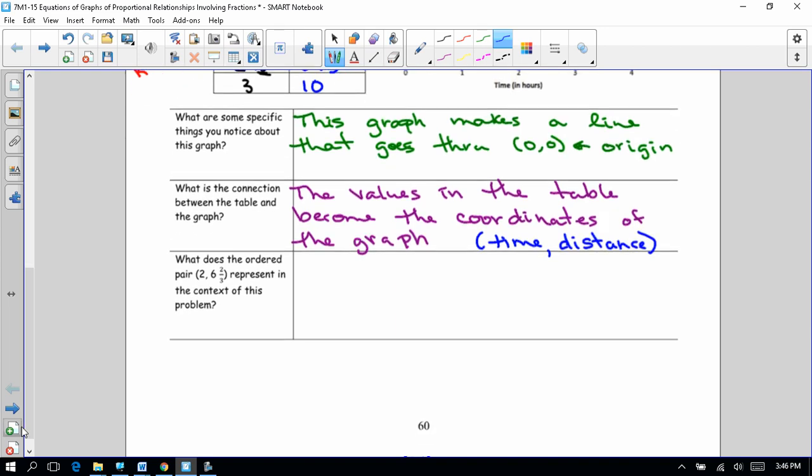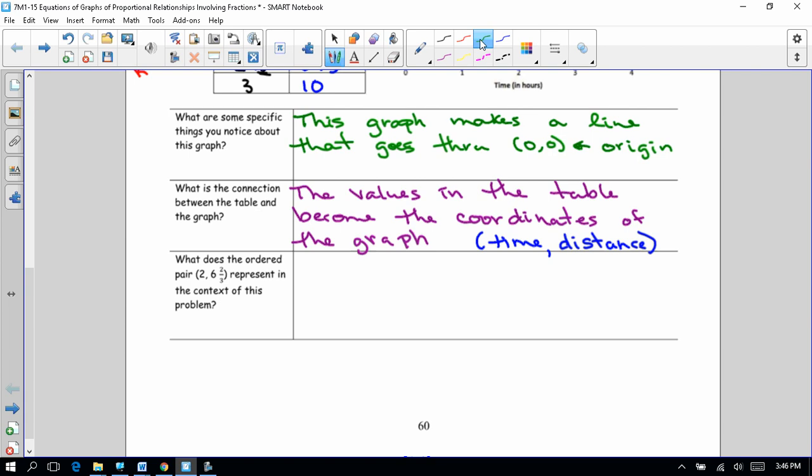The next question says, what is 2 comma 6 2/3? What does it mean in context? I don't want to know that it's a spot on the graph. I want to know in the context of this story problem.